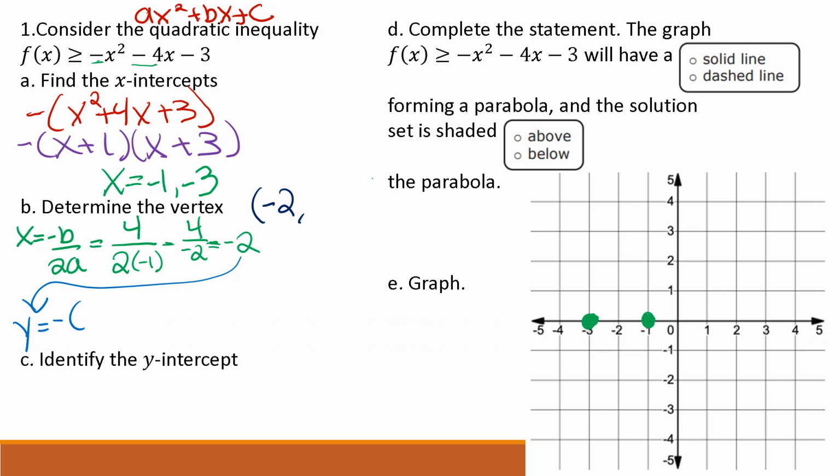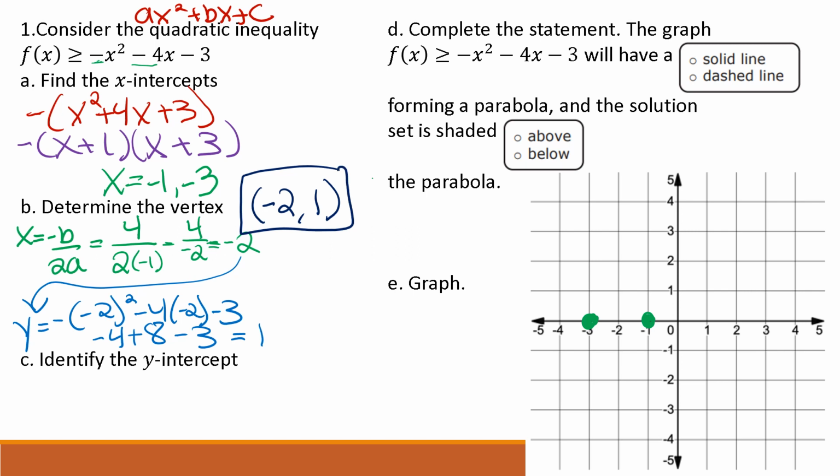So it'd be -2 squared -4 times -2 minus 3. -2 squared is 4, with the negative in front it's -4. -4 times -2 is +8, and then minus 3. So 1. So our vertex is at -2, +1. I'm going to go ahead and graph that.